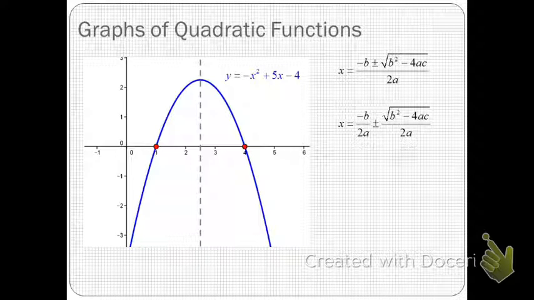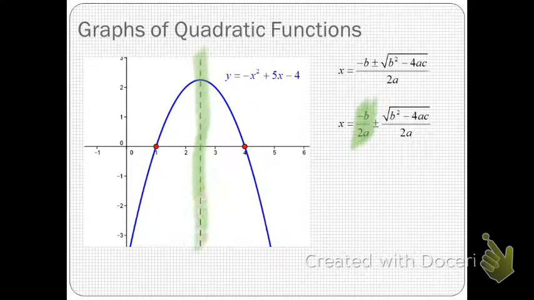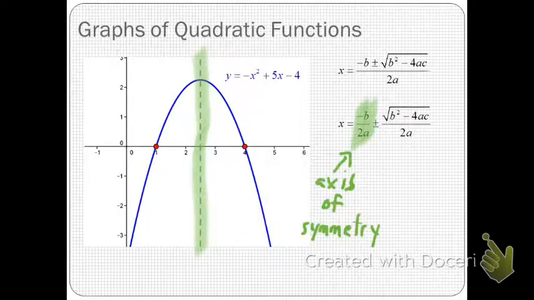Now I'm going to draw this and color code it for you so you can follow what I'm talking about. First of all, the opposite of b over 2a, it turns out, is how you determine where the axis of symmetry for the graph of a parabola is going to be. Alright, that's the axis of symmetry.